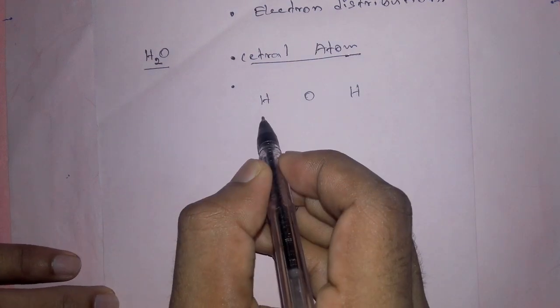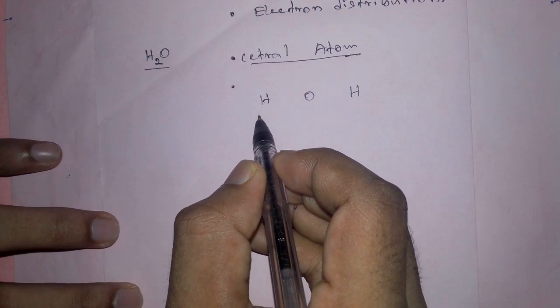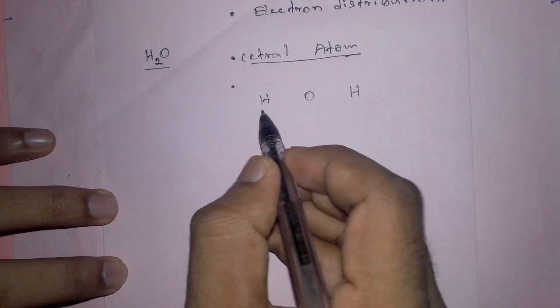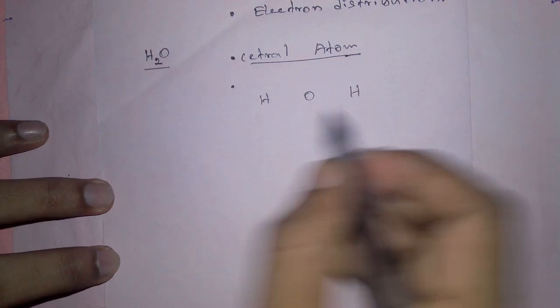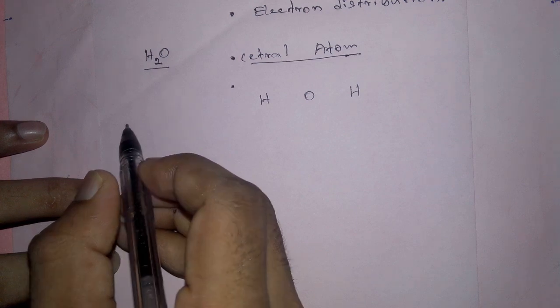Then next one is calculation of the number of electrons in the last energy level of each atom, I mean electrons in the valence shell.